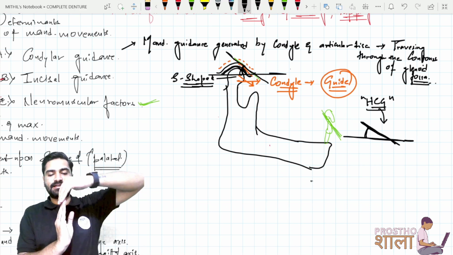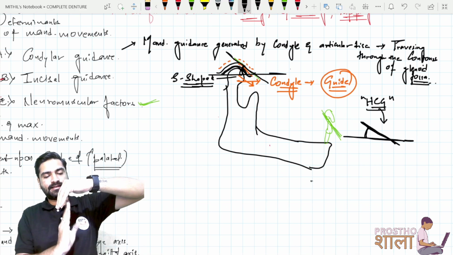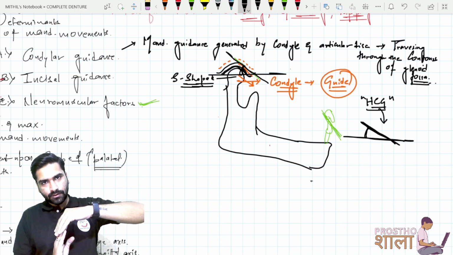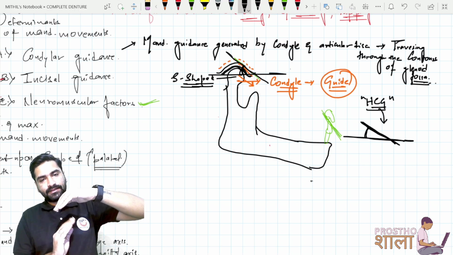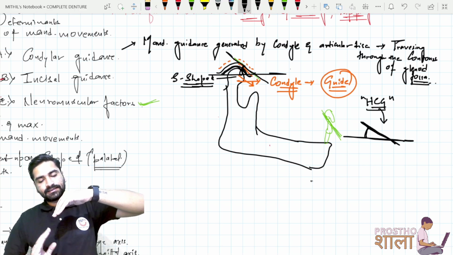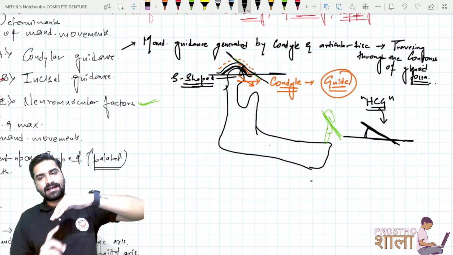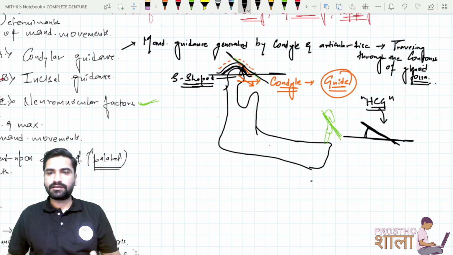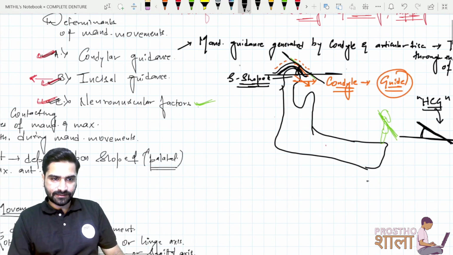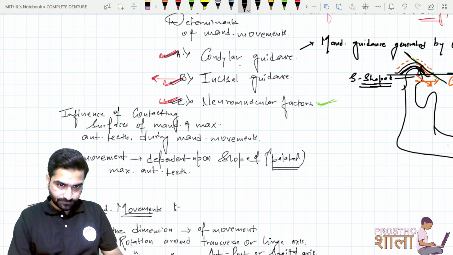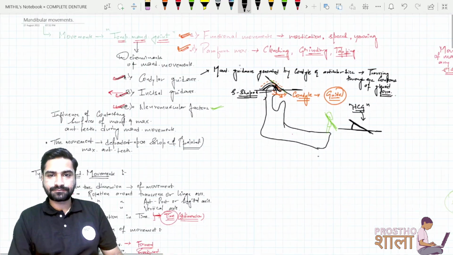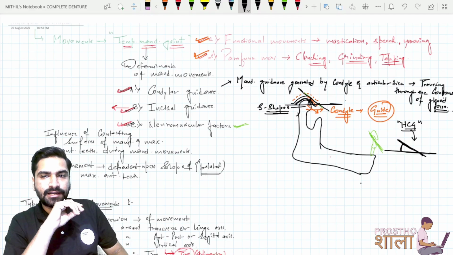Similarly, your incisal teeth, right, the lingual or palatal slopes of your maxillary teeth with the labial surface of lower teeth, when they slide, this also forms a guidance in the incisor region, that is called incisal guidance. And again the third factor, that is your neuromuscular factors, right? So these are the three main determinants of your mandibular movements.